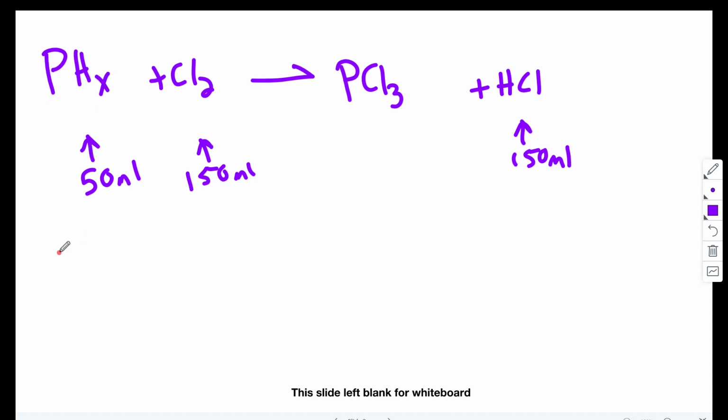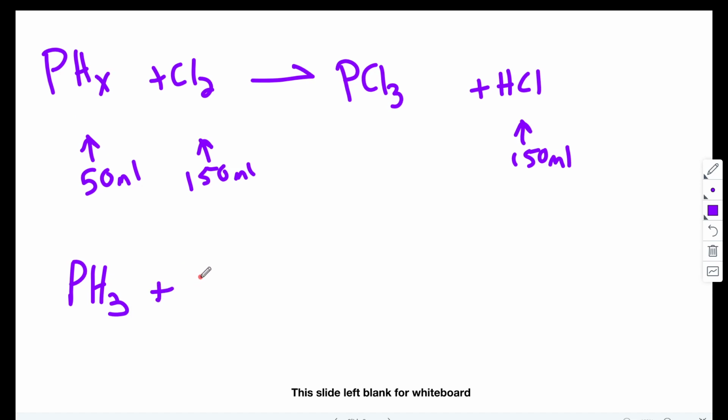And because of that, we can infer that because it requires 3 times as many H's, so it takes 150 milliliters instead of 50, that we actually have 3 times the amount of H's as are indicated. So that means that this formula is going to be PH3.